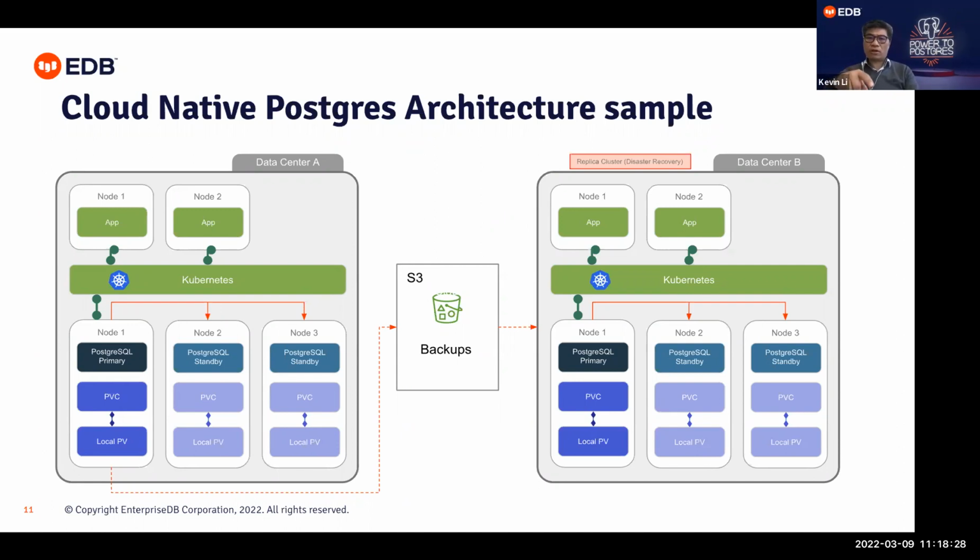So what you're showing now is actually multi-cloud, but you can also mix and match between public cloud and private cloud. For example, you mentioned data center A and B. It doesn't have to be all in the public cloud, right? Yeah. You can have a local cloud, a private cloud or a public cloud. You can mix everything.